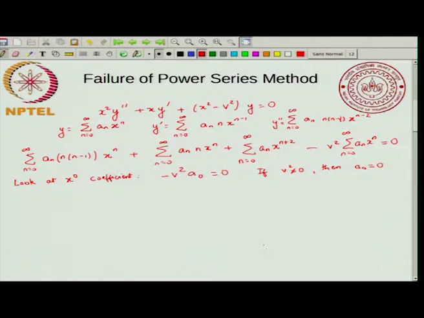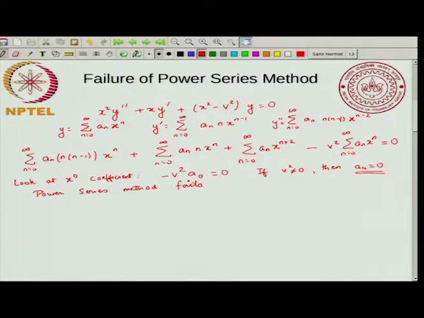And when a_0 equal to 0, you can easily show that all the corresponding terms will all go to 0 in this equation. So, if a_0 equal to 0, then the whole power series goes to 0. So, we say that the power series method fails.